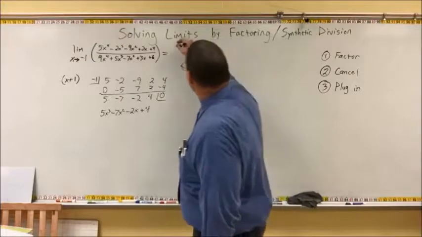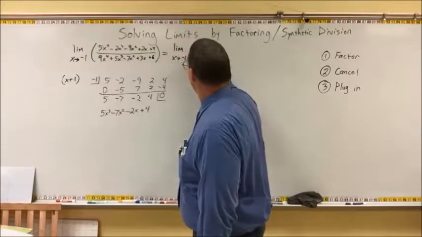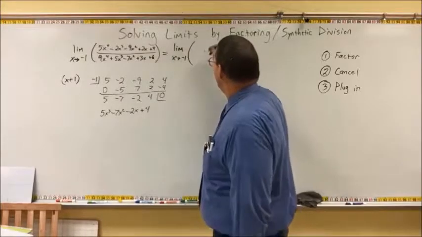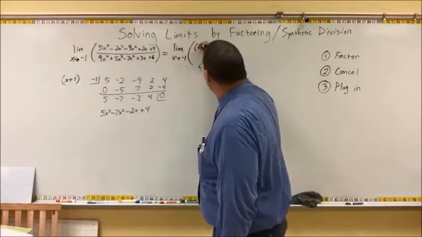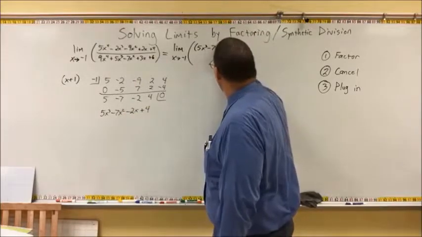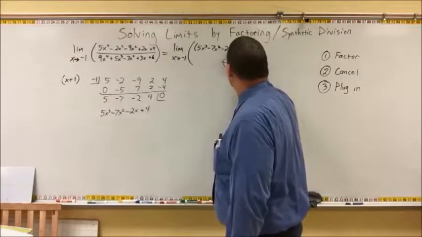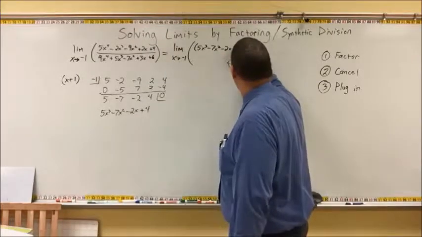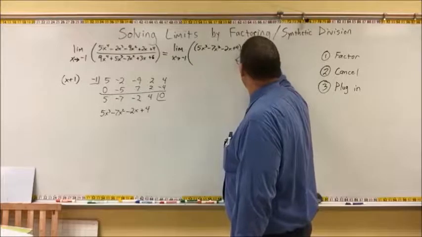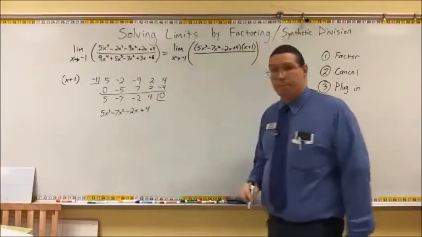So this is now going to be the limit as x approaches negative 1 of the numerator, which is 5x to the third minus 7x squared minus 2x plus 4, times x plus 1, right? We just factored x plus 1 out of the numerator.